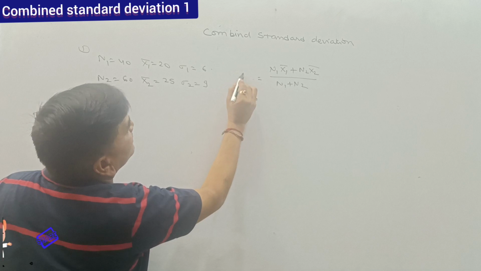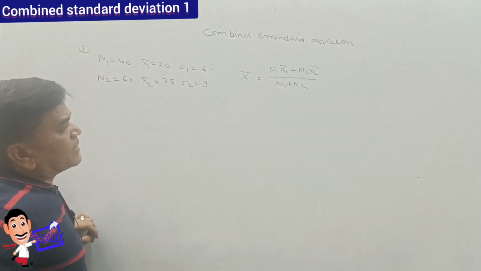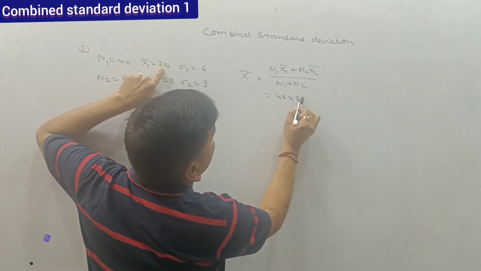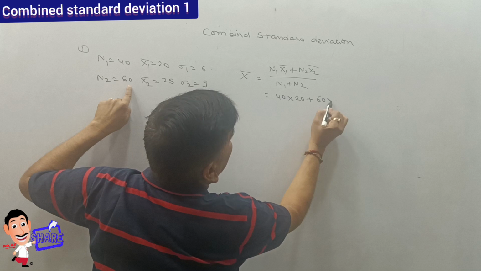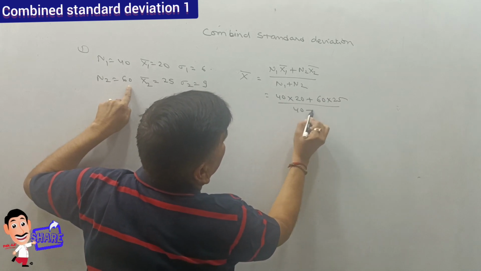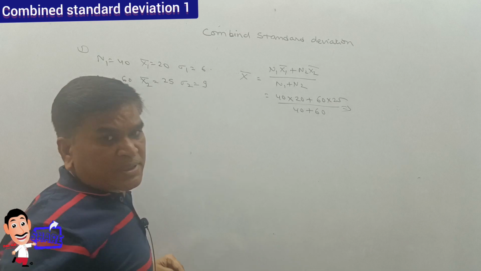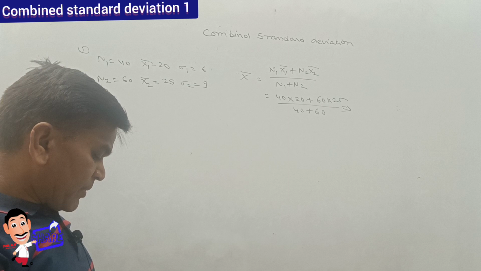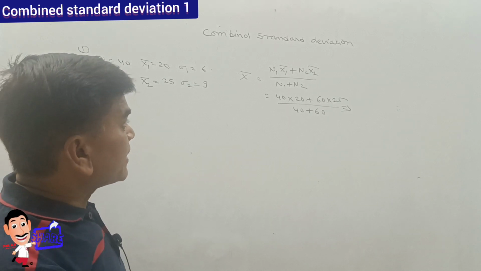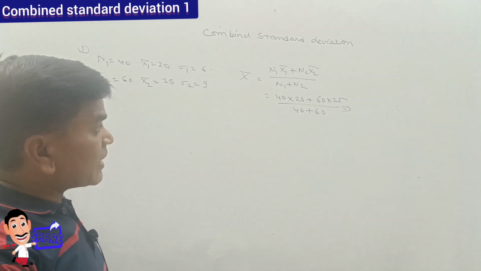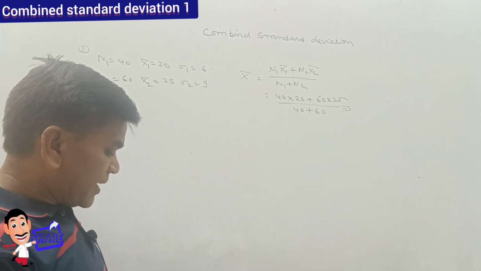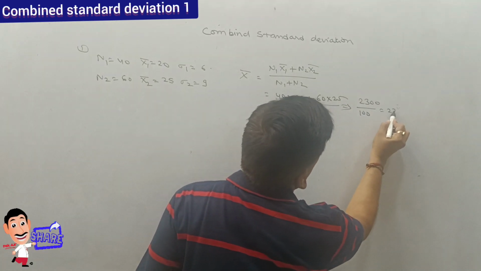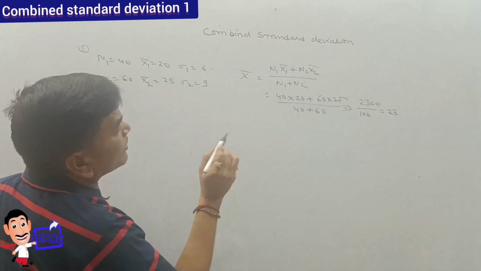So here, 40 multiplied by 20 plus 60 multiplied by 25, divided by 40 plus 60. 40 times 20 is 800, 60 times 25 is 1500, total 2300, divided by 100, that is 23. So the combined mean is 23.